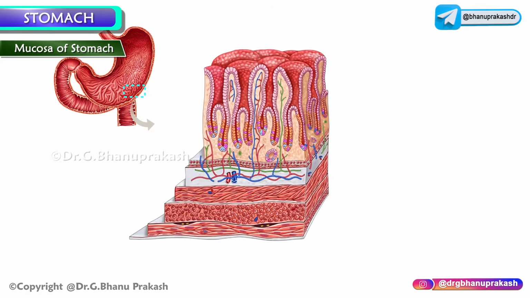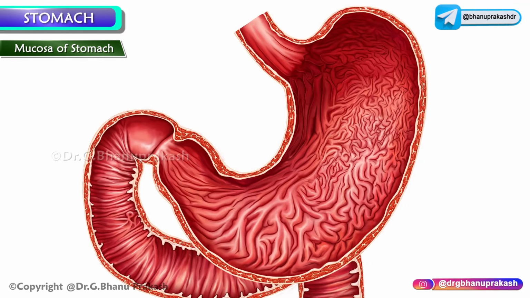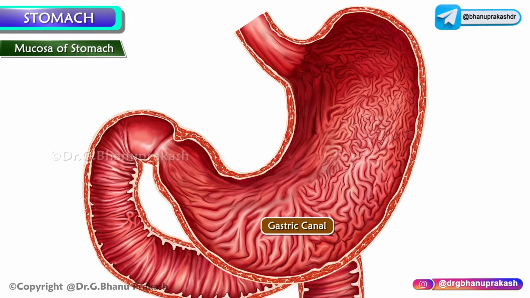On the mucosal surface, there are small numerous depressions known as gastric pits, and they are nothing but the gastric glands which open into these pits. And during swallowing, a temporary groove or furrow-like gastric canal forms between the longitudinal gastric folds along the lesser curvature due to the firm attachment of the gastric mucosa to the muscular layer.